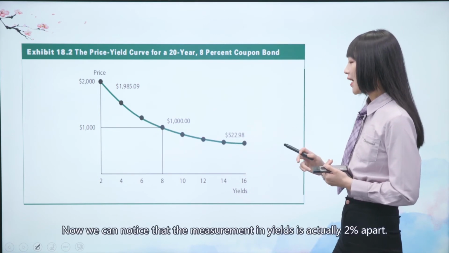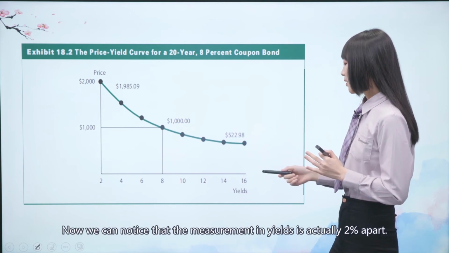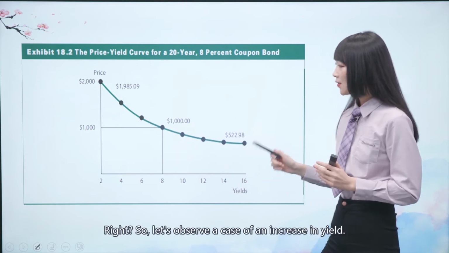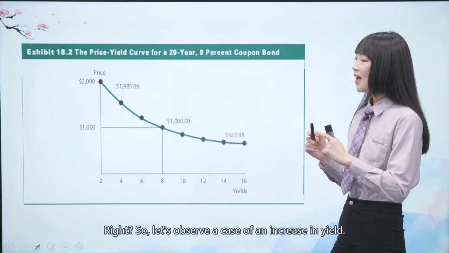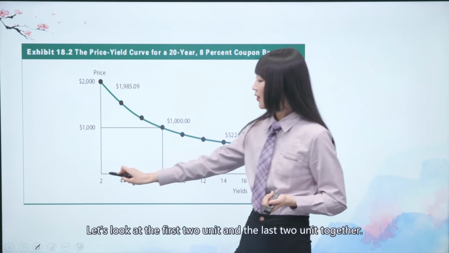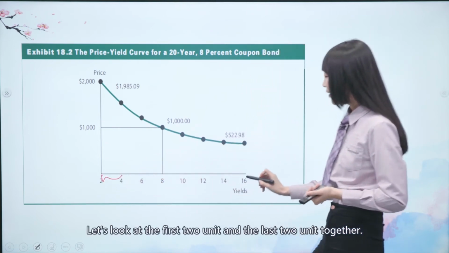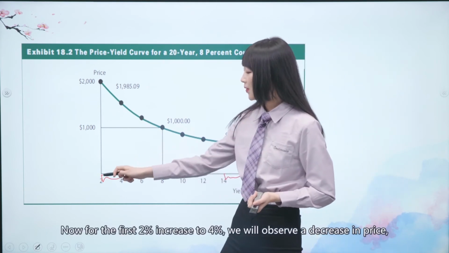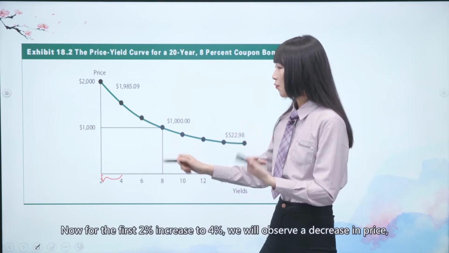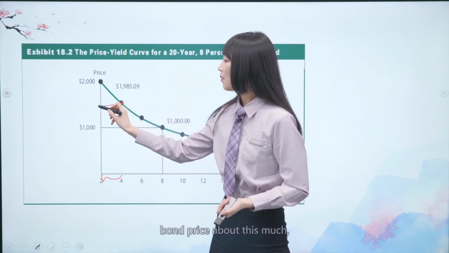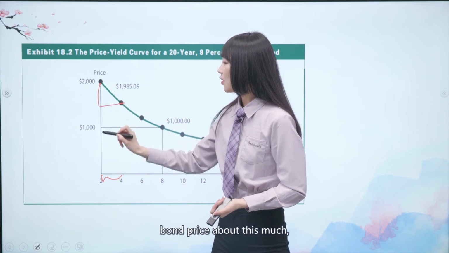We can notice that the measurement in yields is actually 2% apart, right? So let's observe a case of an increase in yield. Let's look at the first two units and the last two units together. For the first 2% increase to 4%, we will observe a decrease in bond price of about this much.